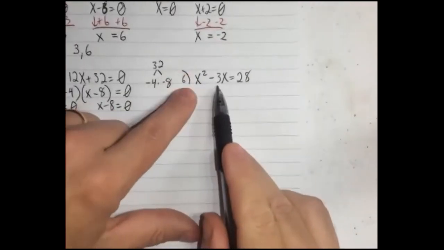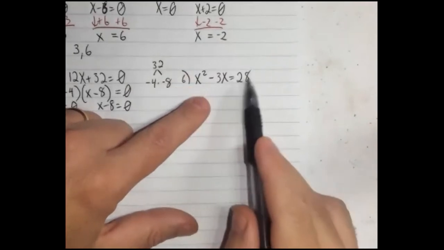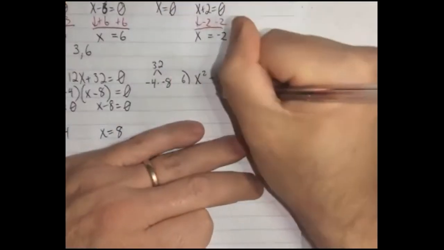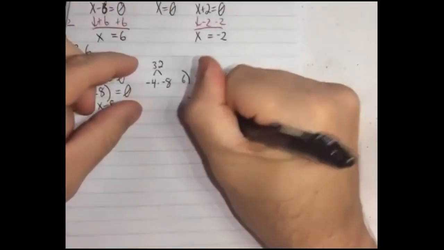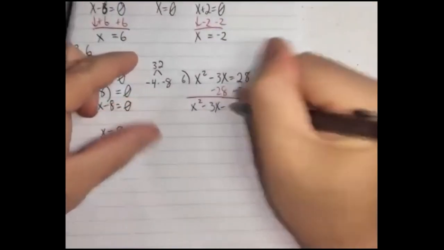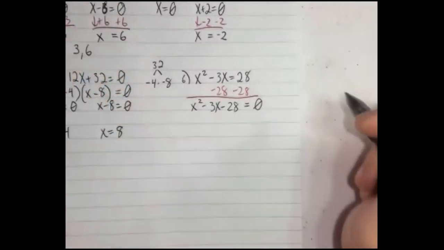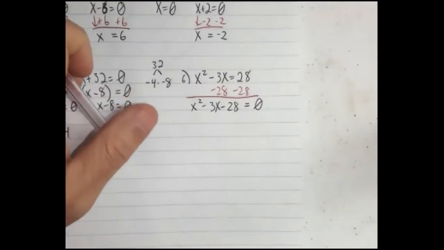What you see is x squared minus 3x equals 28. So I don't have 0 on this right side. What I have to do is subtract 28 from both sides, and you're going to have x squared minus 3x minus 28 equals 0. That's how you'll get that 0 there.